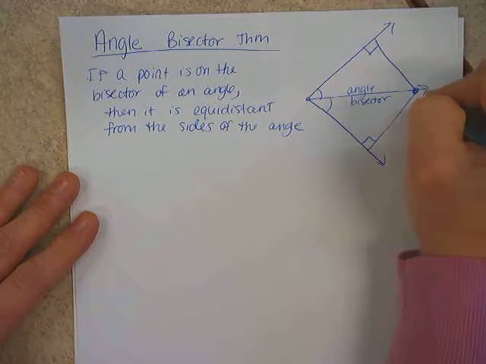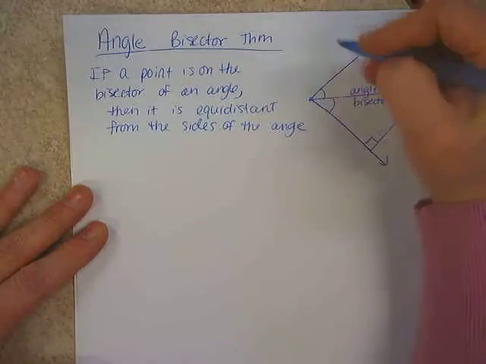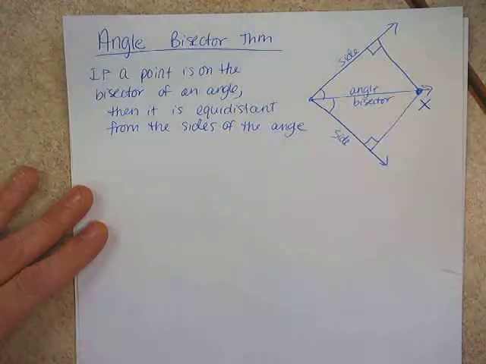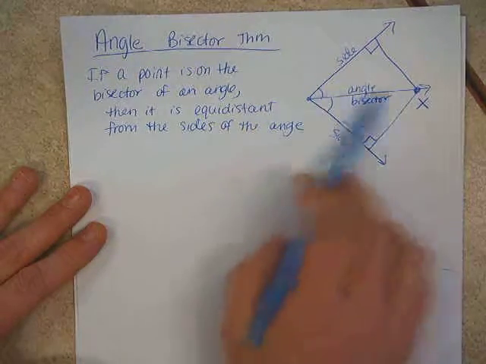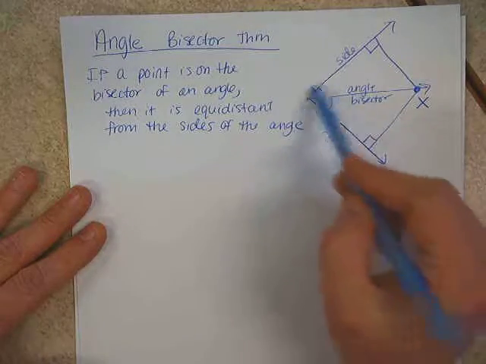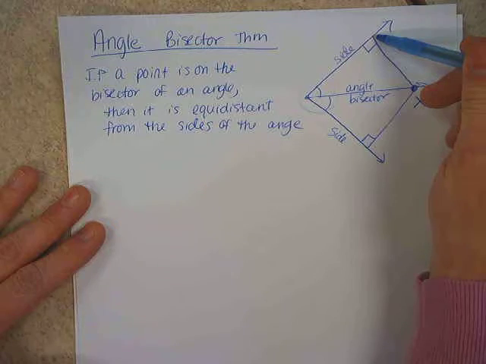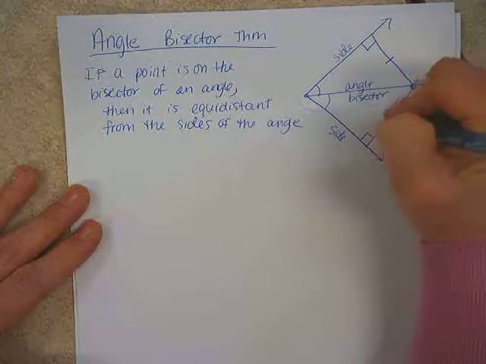And if we have point X, remember this is the side of an angle and that's the side of an angle. So what the theorem says, since X is on the angle bisector, and we know that because of these, that makes X equidistant from the sides.